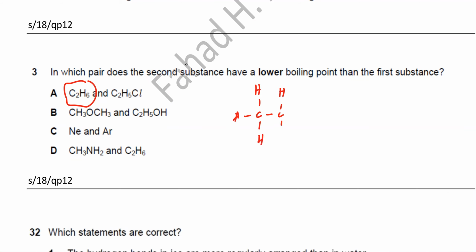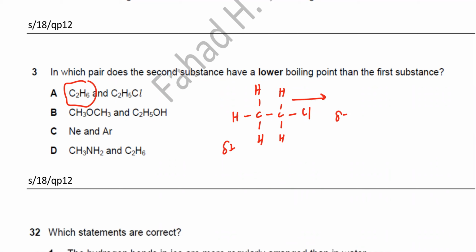This one is completely non-polar. Meanwhile, if you attach a Cl over here in the second one, now all of a sudden the molecule is polar because all the electrons are getting pulled to one side. So this side would be negative, this other side would be positive.